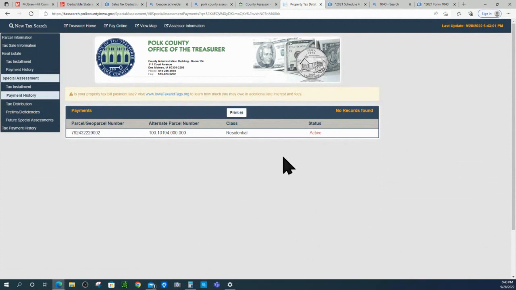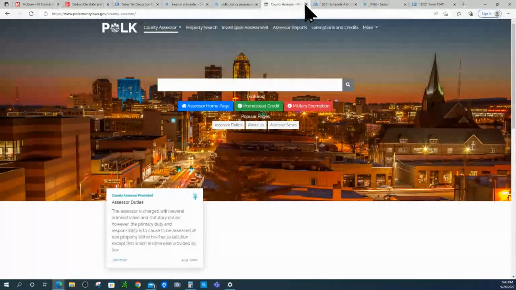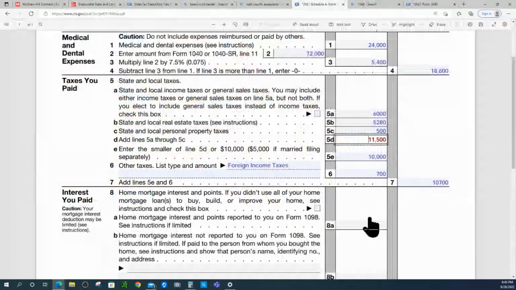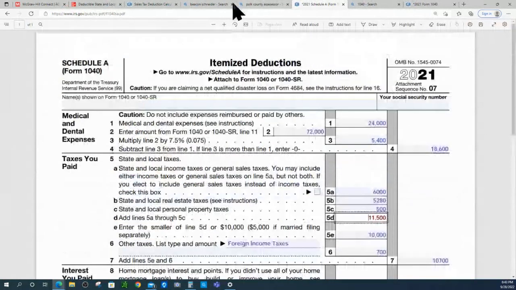You've got to click in there a lot. No records found. Oh, well, that's interesting. Anyway, so there you go. You can go and figure out how much your neighbors spent on their house. You can go and look it up.